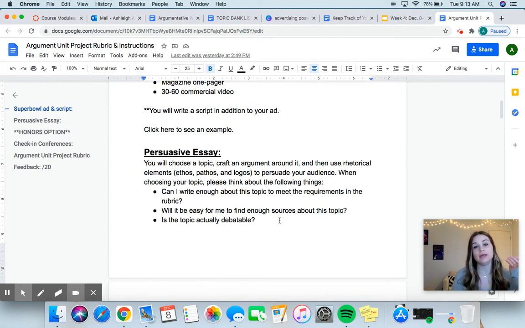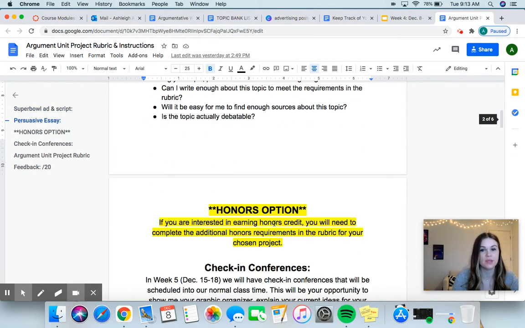Okay, so can I write enough about this topic to meet the requirements in the rubric? Will it be easy enough for me to find sources to talk about this topic, to find evidence? And is this topic actually debatable? Because sometimes we might have an idea, but does this work for the specific requirements of this assignment?